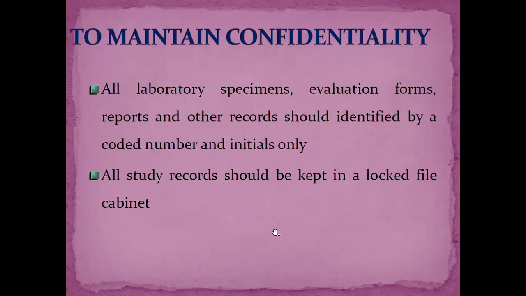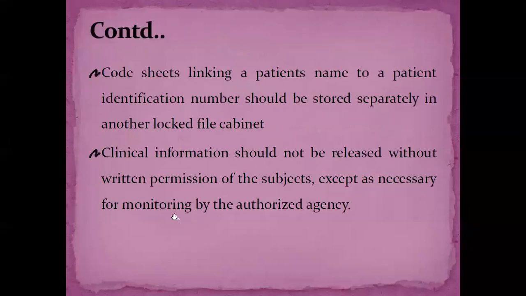Okay. Then to maintain the confidentiality, all laboratory specimen evaluation forms, reports, and other records should be identified by a code number and initials only. And all study records should be kept in a locked file cabinet. Very important. Code sheets linking a patient name to a patient identification number should be stored separately in another locked file cabinet.